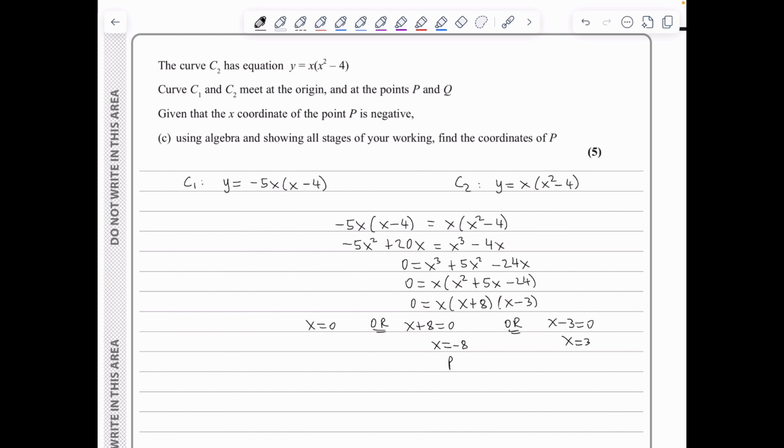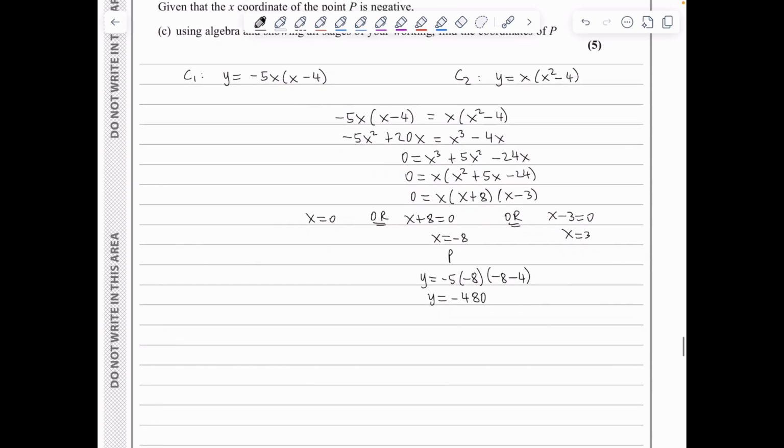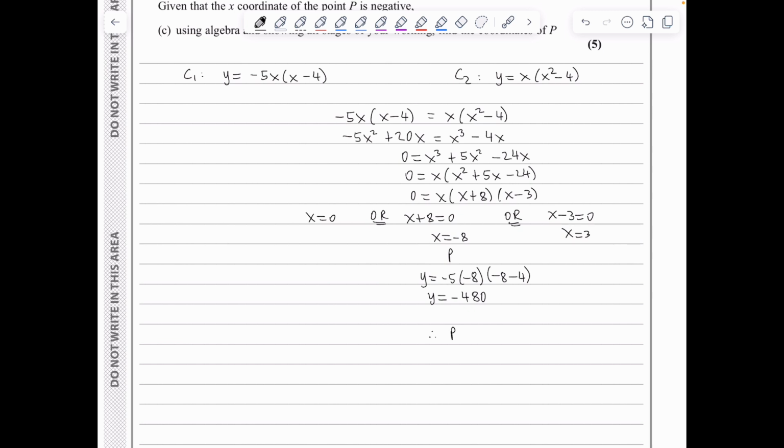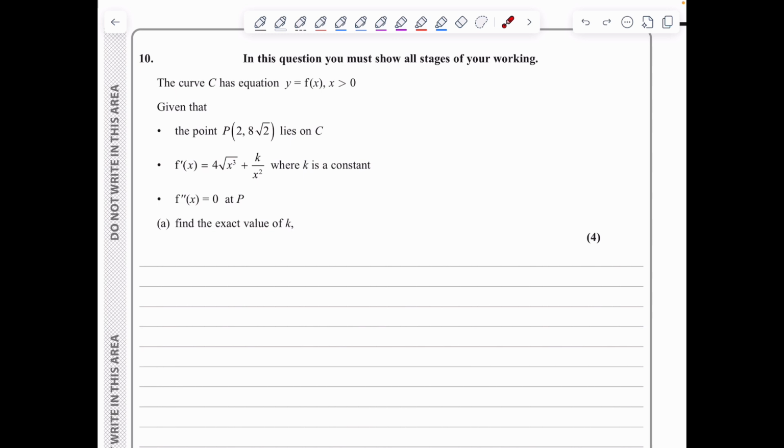And therefore, I only need to proceed to find the corresponding y-coordinate. So y is going to be minus 5 times negative 8 times negative 8 minus 4. This gives an answer of y being minus 480, and therefore we conclude that point P has coordinates negative 8, minus 480.